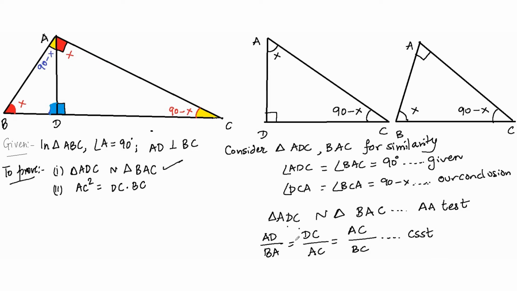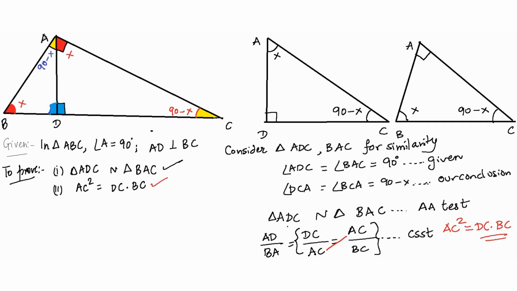So if I want AC square, let me pick the second and the third ratio and cross multiply. So on cross multiplication, what I will get is AC multiplied by AC becomes AC square. So AC square equals DC multiplied by BC. So that's DC into BC. So this is precisely what I had to prove in the second part.